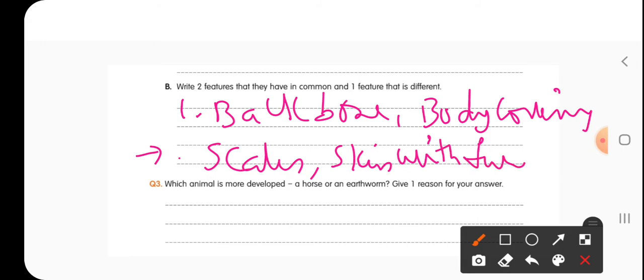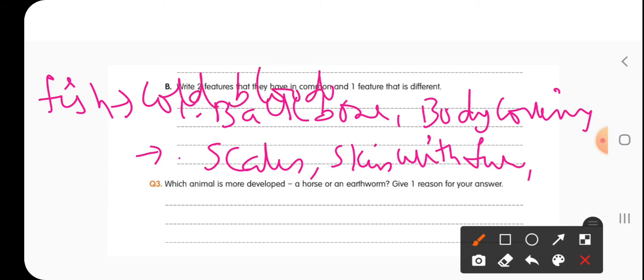So body coverings are one more different feature, even though they are commonly present in them. The organs are different there. And one difference is that your fish is a cold-blooded animal, whereas your dog is a warm-blooded animal.